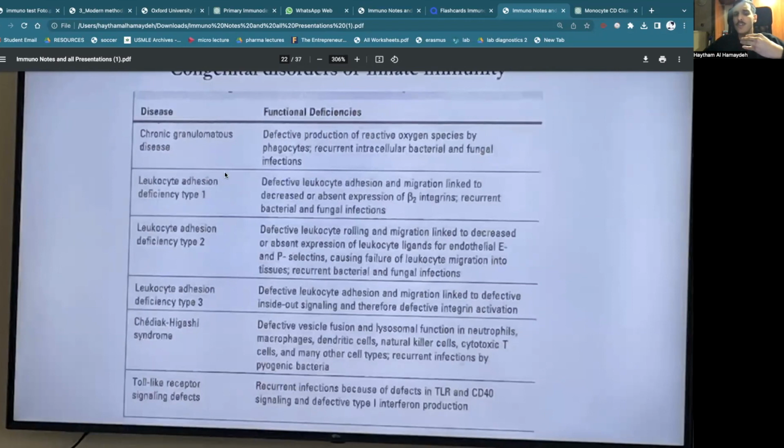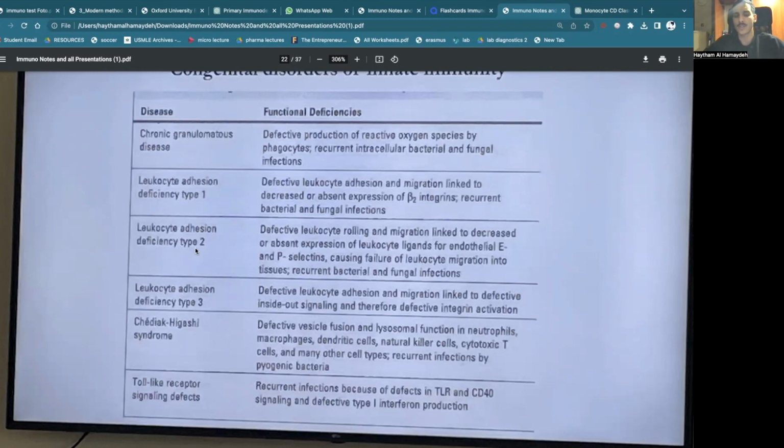Okay, for each and every one, you really have to know how this disease causes a functional deficiency. Okay, for example, chronic granulomatous disease through the defectiveness in ROS. LAD type 1, beta-2 integrins are not working, so there is no adhesion.